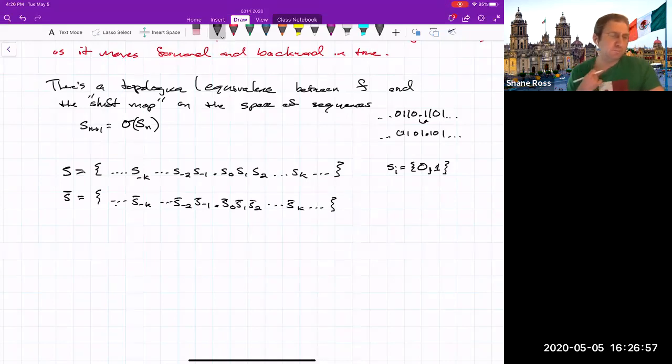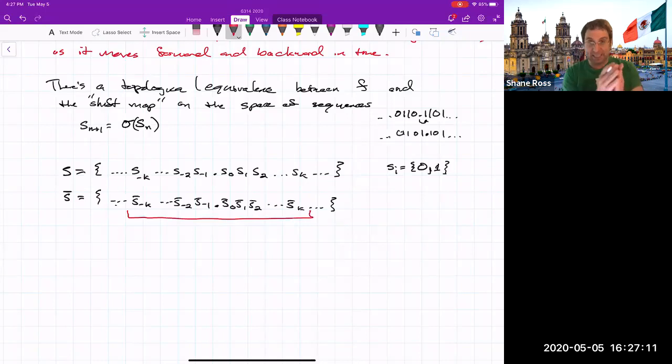We would say the two sequences are close if they agree exactly over a central block. So if, let's say, from negative K to K, it's the exact same sequence over that block, and it differs outside of it, but if it agrees over that central block, then we would say those two sequences are close. And as K gets bigger, that means these two sequences are closer and closer. So I'm just trying to write down a metric, a measure, a distance function in the space of sequences.